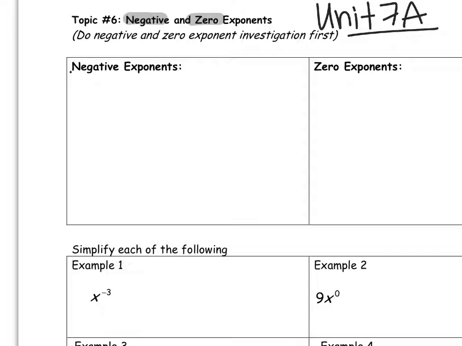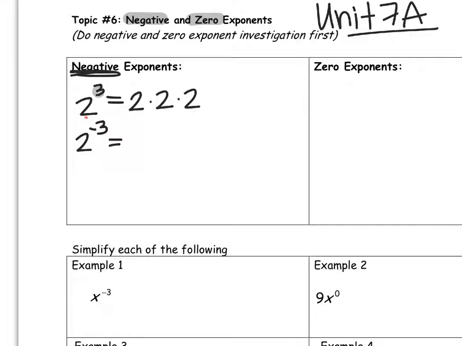So negative exponents, if you remember positive exponents, if I wrote 2 cubed, that means 2 repeatedly multiplied 3 times. So that means 2 times 2 times 2. If I wrote 2 to the negative 3, what that really means is the opposite of multiplying 2 3 times.